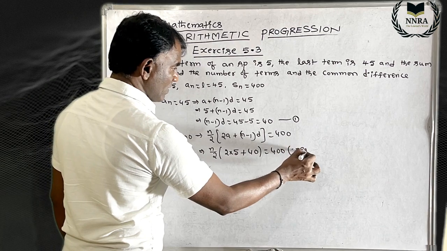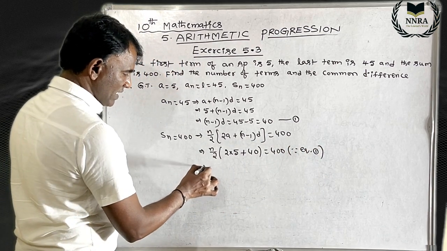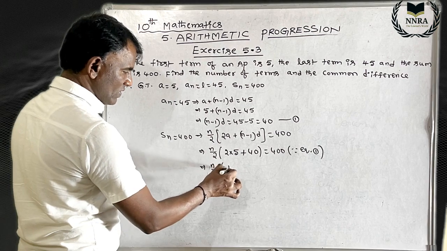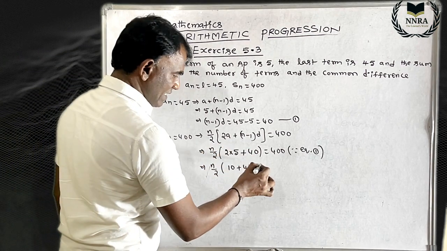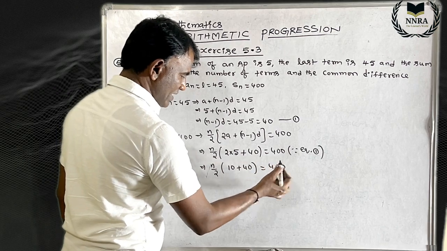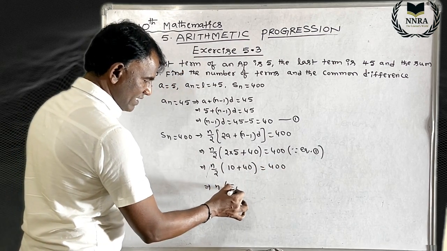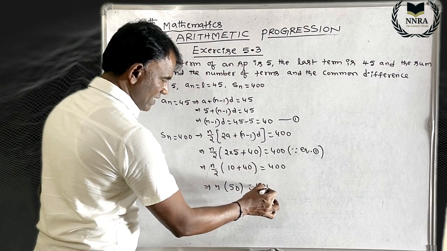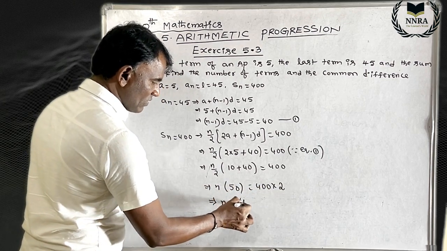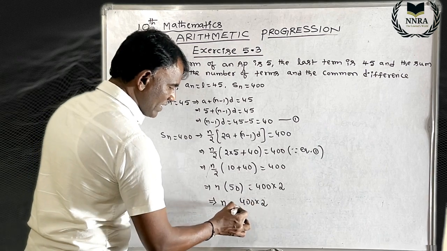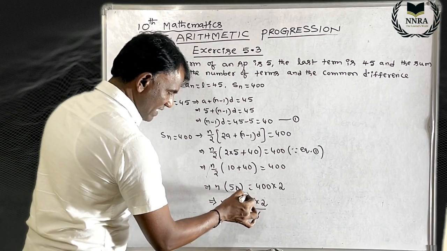Just write here in brackets equation number 1. And from this we get n by 2 into (10 plus 40), right? Am I right? And equal to 400. And n into, it is 50. So it is 400 into 2. Now n equal to 400 into 2 divided by 50, and it is 16 times, right?